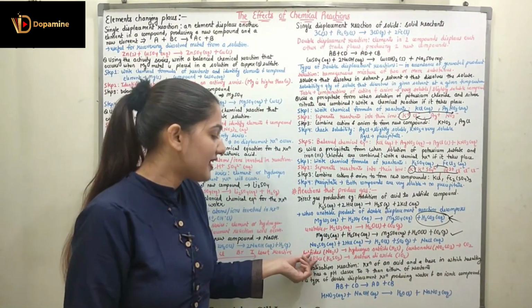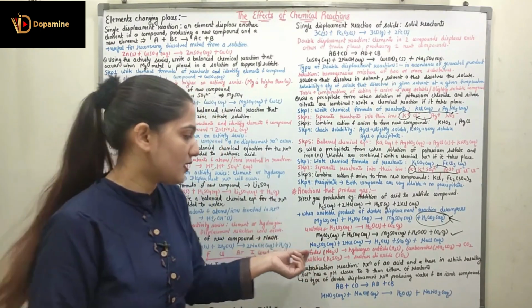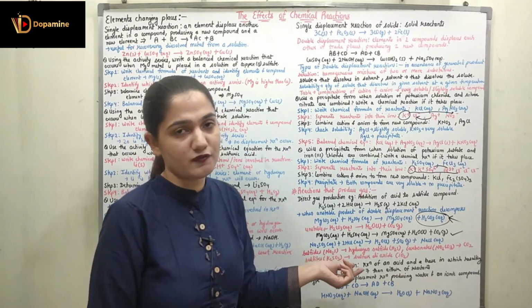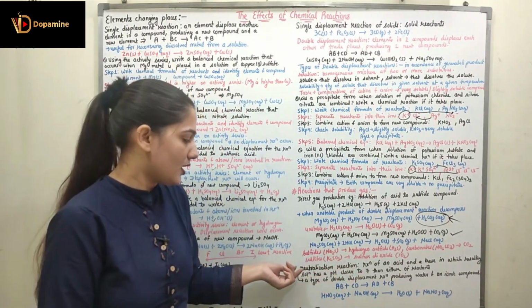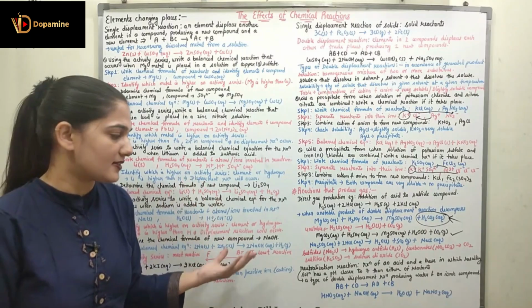Sulfites, for example K2SO3, when undergoing a double displacement reaction, form sulfur dioxide, SO2. In this manner we can have various reactions that produce gases.